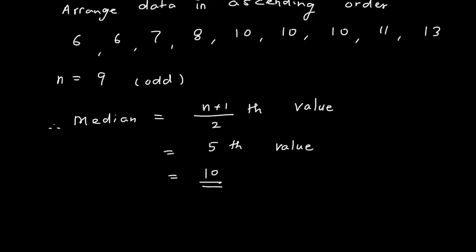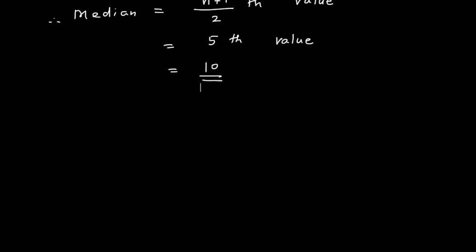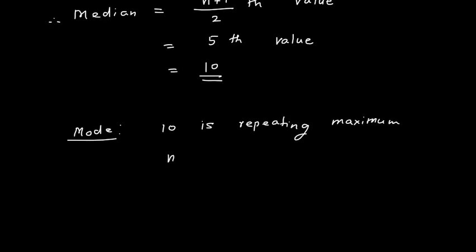So the median is equal to 10. And finally the mode. For the mode, 10 is repeating the maximum number of times.